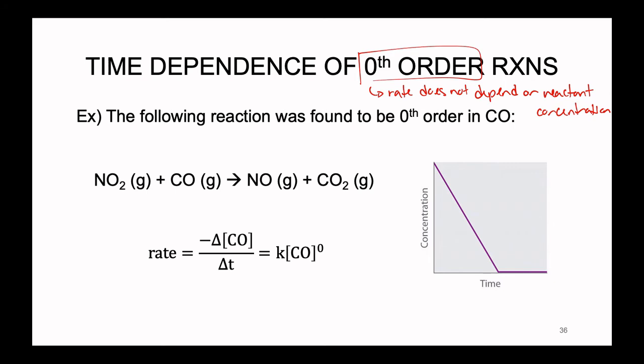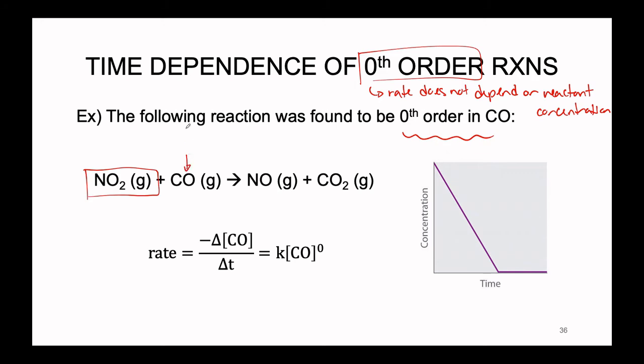Now this is the case for what we see in the following reaction that we are told here is zeroth order in carbon monoxide. Now what this means is that we can see that we have two reactants and the rate is only going to depend on the concentration of NO.